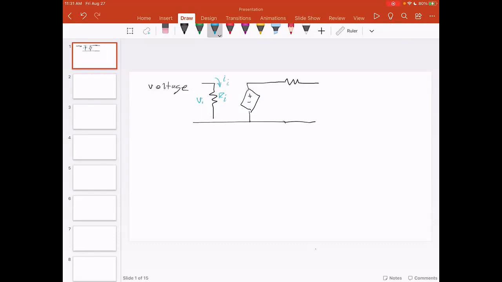It amplifies it by a scale, A_V0 times V_I, and that comes to the output as a voltage V_out, and we have R_out, the output resistance. So that's a voltage amplifier.